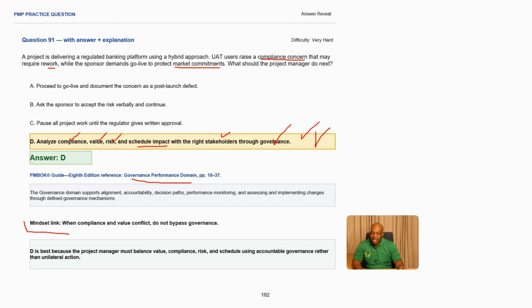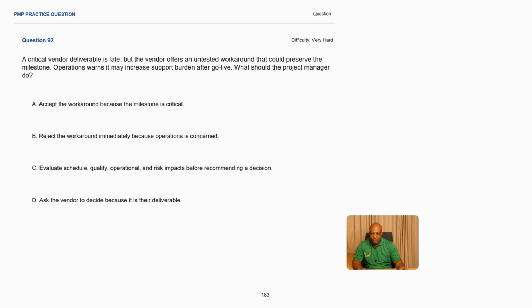When compliance and value conflict, do not bypass governance. This is a very important mindset for this question. Making D the best answer because the project manager must balance value, compliance, risk, schedule, and accountable governance rather than take unilateral actions.